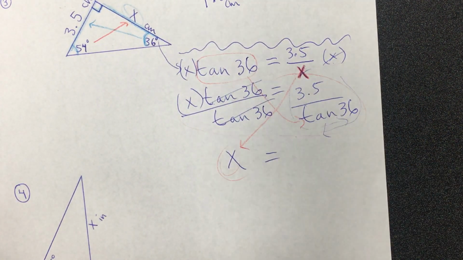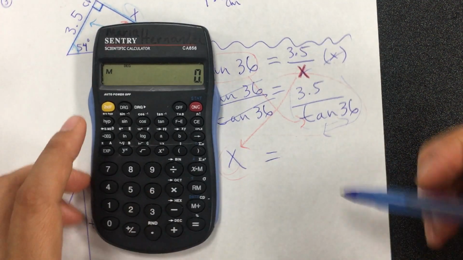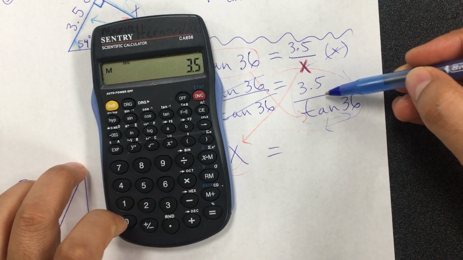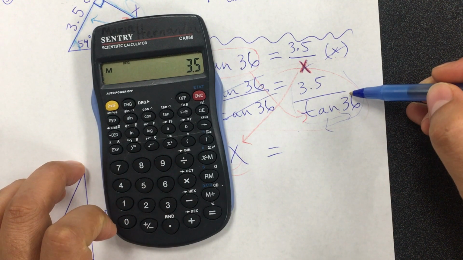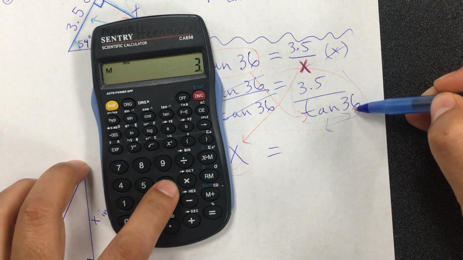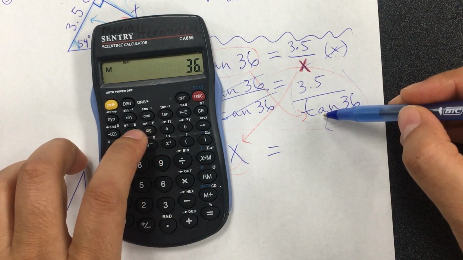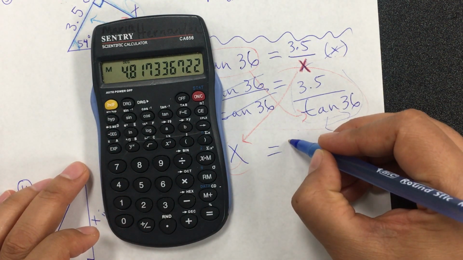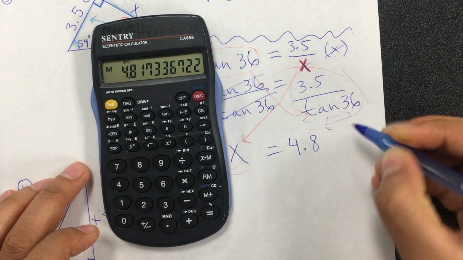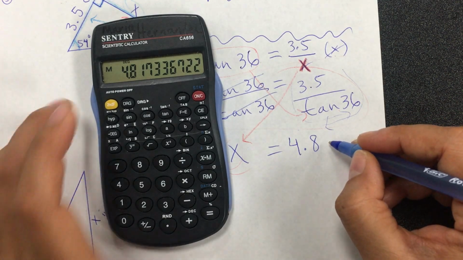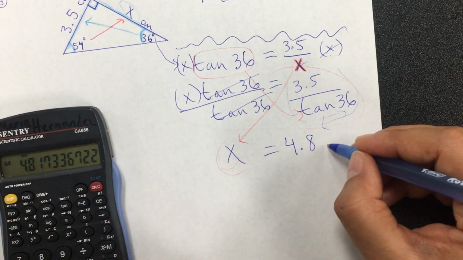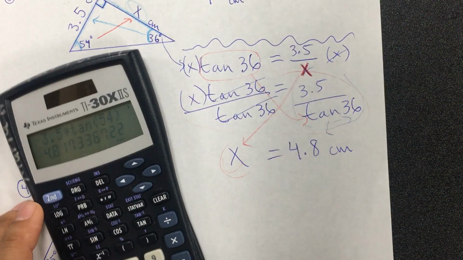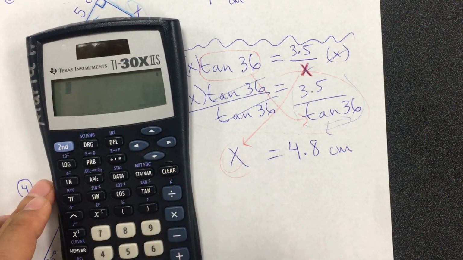Okay, calculators. 3.5 divided by 36 tangent. And then press equal. 4.8. Notice how even though we switched it, we still get the 4.8 centimeters. With this calculator, this was the multiplication one. Let's clear it.